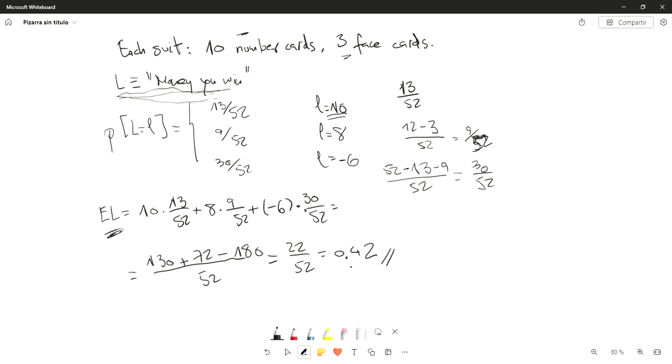That means that you expect to get more than 0. So if you expect to get more than 0, you expect to win. Now, that's the point here, that if you get more than 0, you want to play the game.